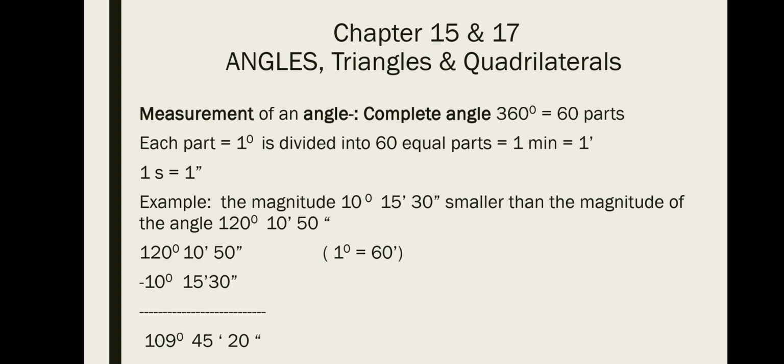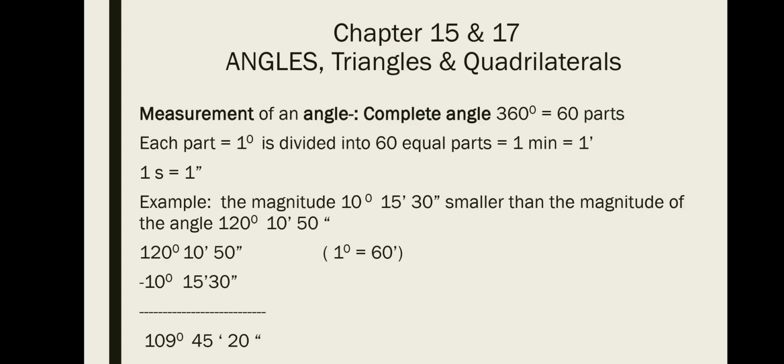120 degrees 10 minutes and 50 seconds, we have to subtract 10 degrees 15 minutes and 30 seconds from the previous number. Here this is a little tedious, please listen carefully, children. Now 50 is greater than 30, so you can directly subtract 50 minus 30 equals 20. Now here 10 is smaller than 15.